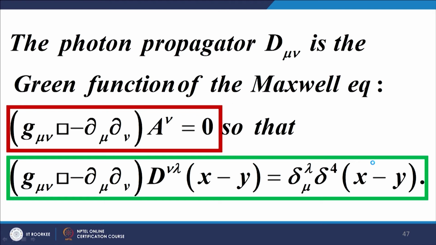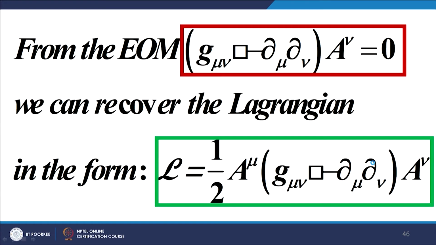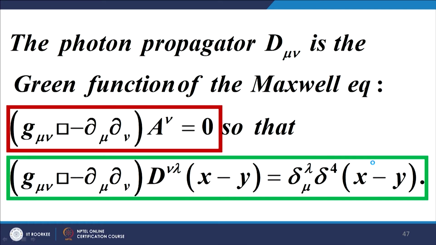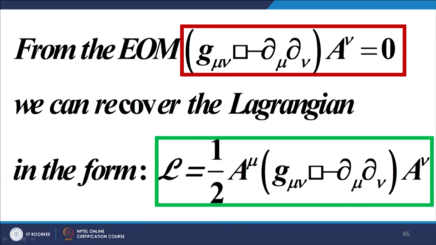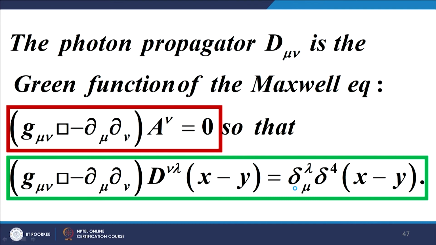Now, let us look at the photon propagator. What is the behavior of the photon propagator corresponding to the Maxwell equation given by the expression here in this green box? Corresponding to the Maxwell equation that we had in the previous slide, the photon propagator should be the Green function of the Maxwell equation, and therefore the expression in the green box here must be satisfied.